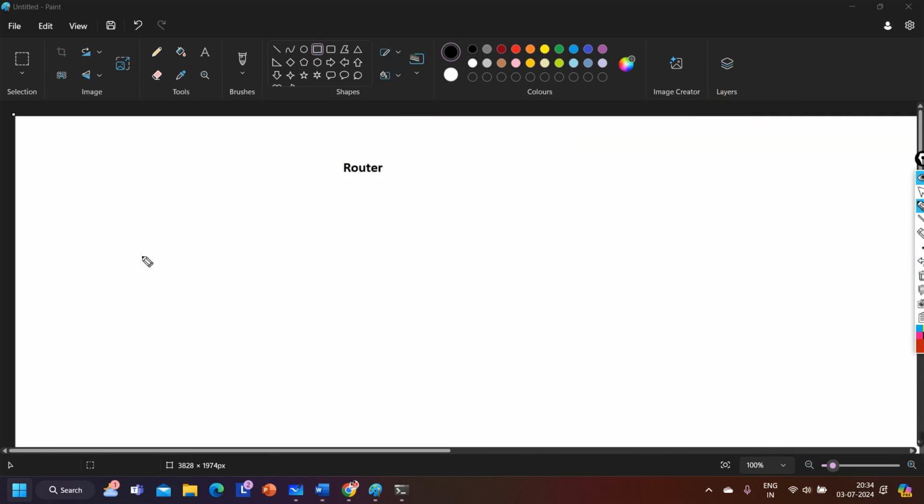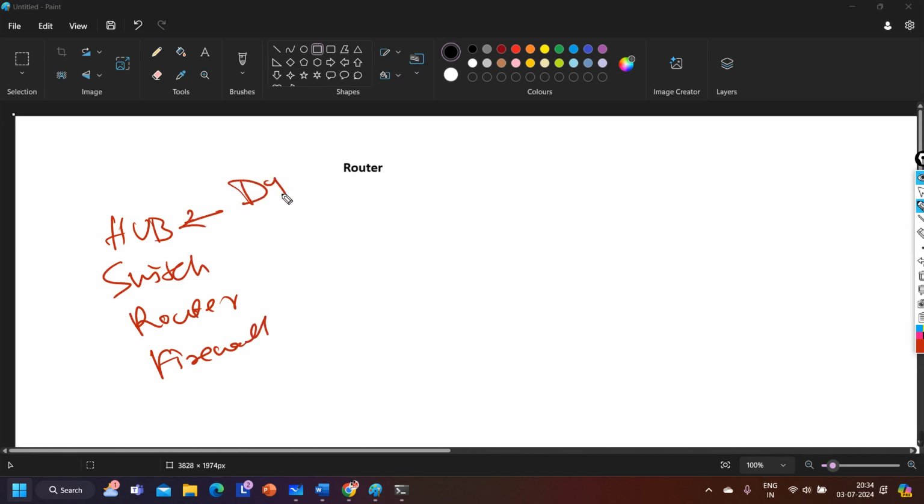So till now we understood the basic function of a switch, and before the switch, the hub, then the switch, then the router, and then the firewall. Guys, hub is a dummy device, so we are not going to talk about hub. No memory, no operating system, nothing.